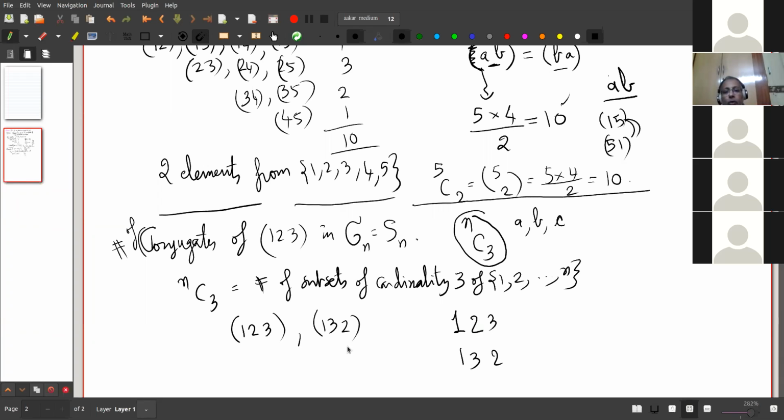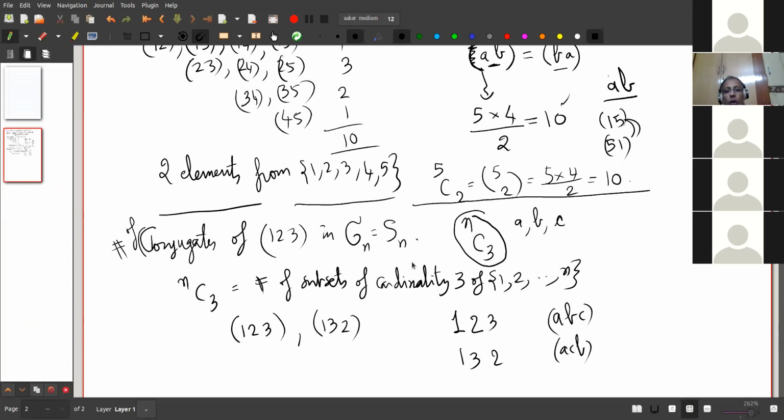So there are exactly 2 for every choice of A, B, C. Either you choose one of these as the first element, so this is one cycle I can form, or this is another cycle I can form. These are the only 2 that I can form.